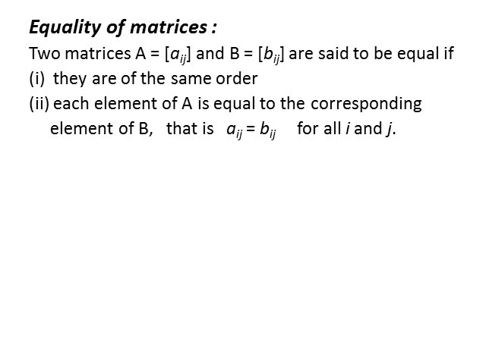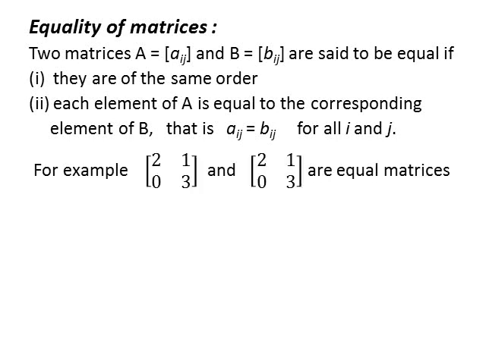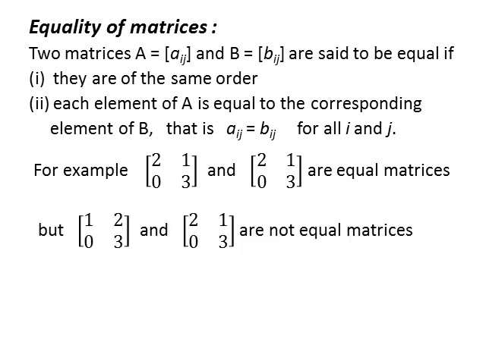Let's take examples. In this example, both the matrices are of same order, that is 2 by 2. Also, their corresponding elements are equal, so these two are equal matrices. Take another example.